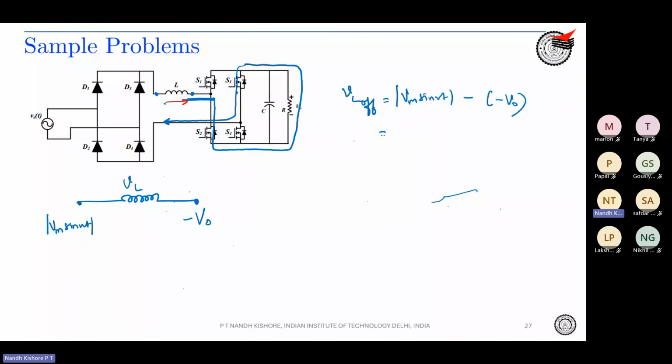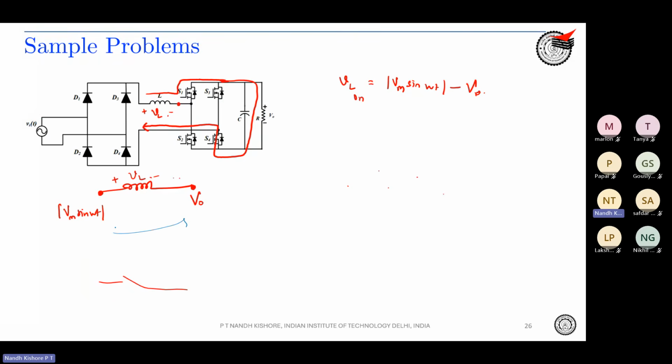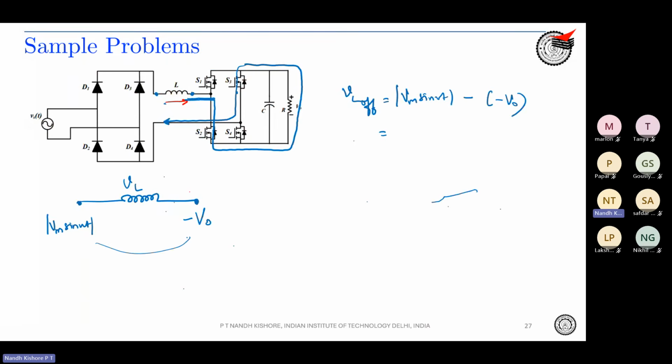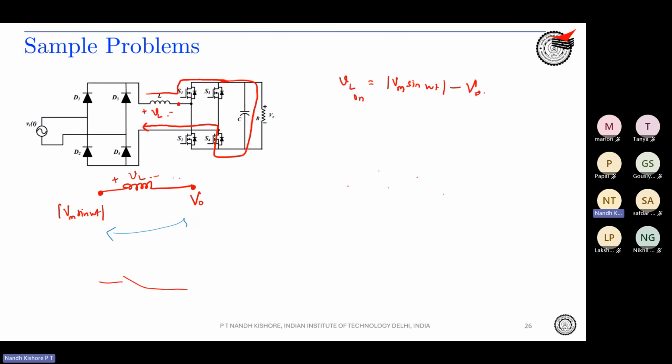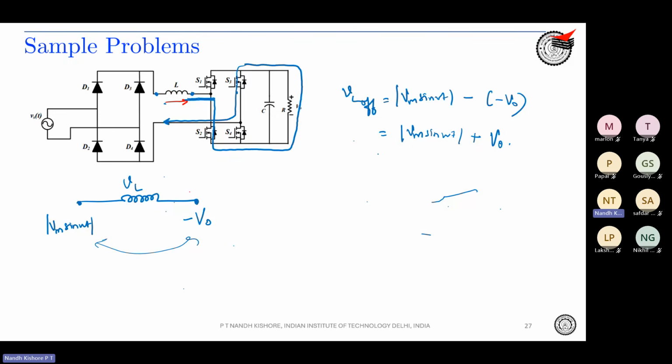In the earlier case, it was |Vm sin omega t| minus V0, just the difference between two voltages. Over here, the difference is |Vm sin omega t| plus V0. This is your VL off. Let me call this Vin minus V0, so here it is Vin plus V0. This is during the 1 minus D period.